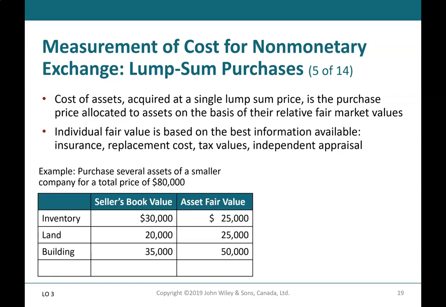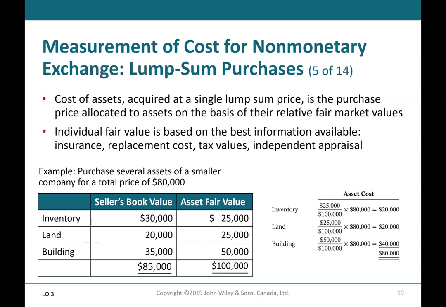Seller's book value: inventory $30,000, land $20,000, building $35,000. Asset fair value: inventory $25,000, land $25,000, building $50,000. So the total of the book value is $85,000 and the asset fair value is $100,000. So you'll just end up prorating over the total cost that you purchased it for of $80,000.